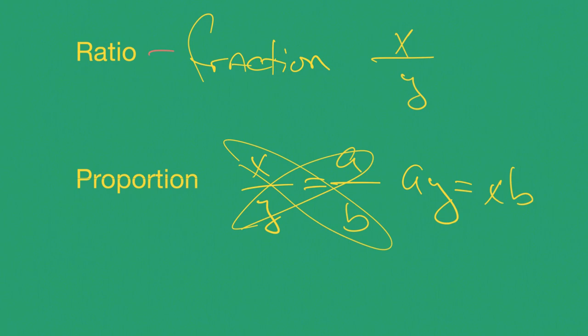And just like you're seeing there, the product of A times Y would have to equal the product of X times B. Okay? But that's basically what a ratio and a proportion is. A ratio is basically just a fraction. A proportion is basically taking two fractions, setting them equal to each other. If those two ratios are going to be proportional, their cross products must be equal to each other.